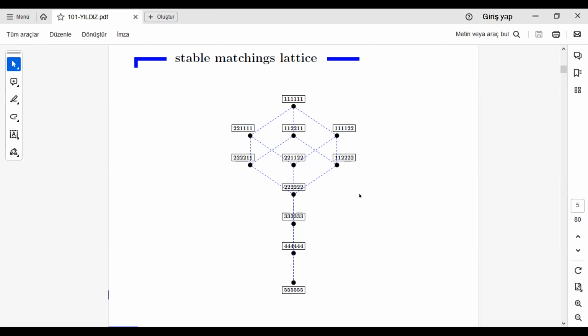In fact, if I take any 2 matchings and look at their supremum, that supremum is at the same time the infimum according to the women's preferences. So there is this opposition of preference achievement as we move through the lattice, which is briefly referred to as the polarity property.